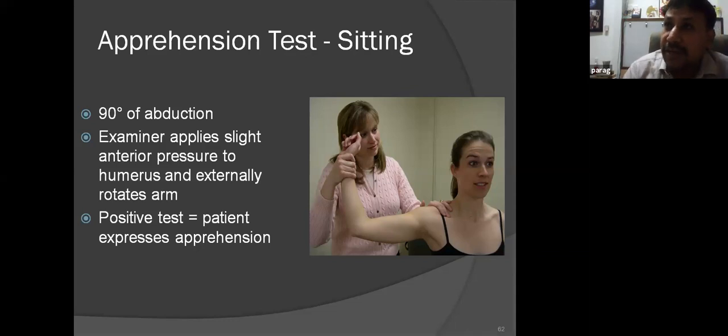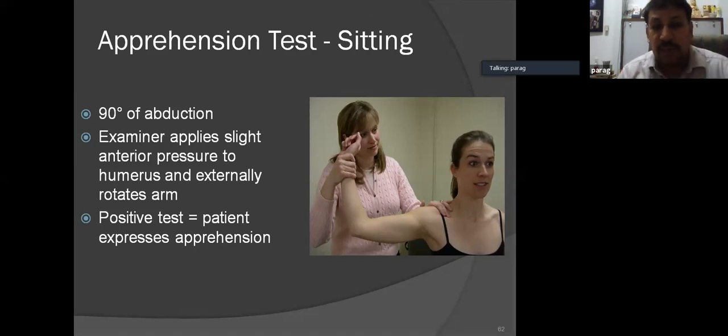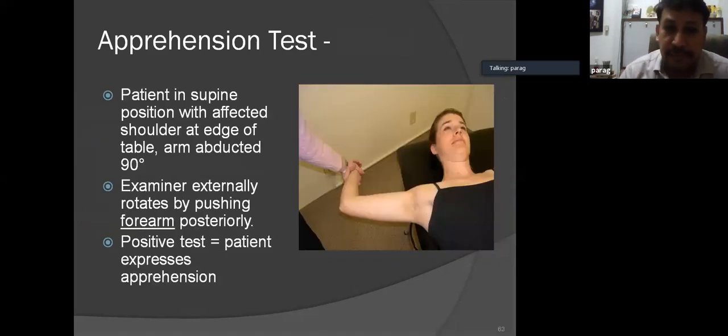Sometimes they will actually stop you from doing external rotation. You can further do a provocation by trying to gently push the shoulder from the back towards the front, and most of the time the patient will actually get up and not allow you to complete the test. So this is the positive apprehension sign.